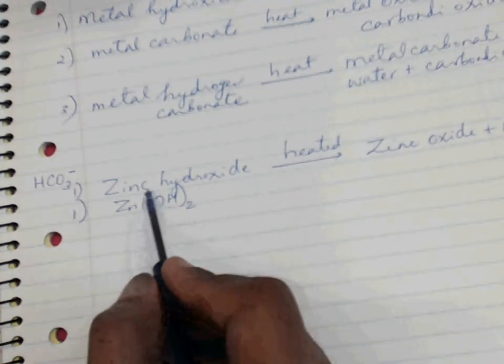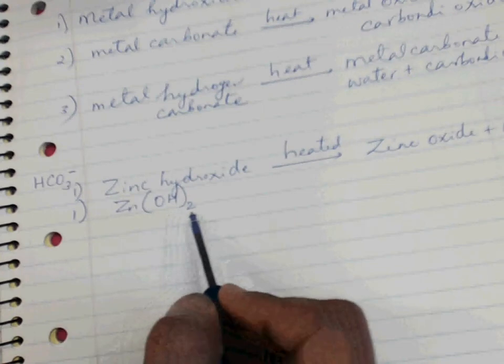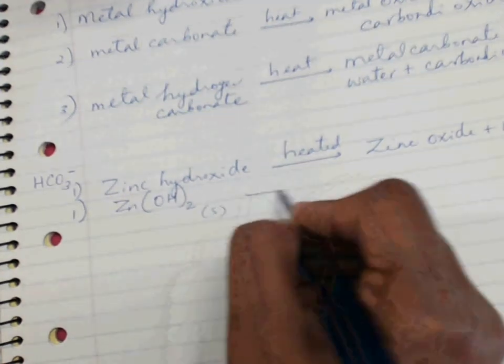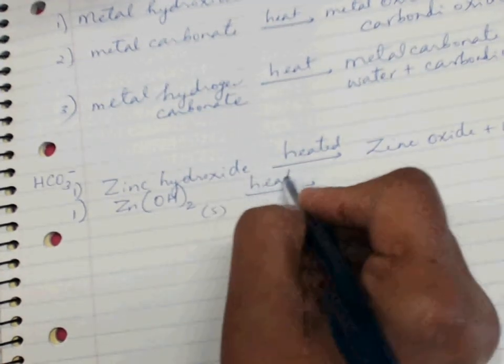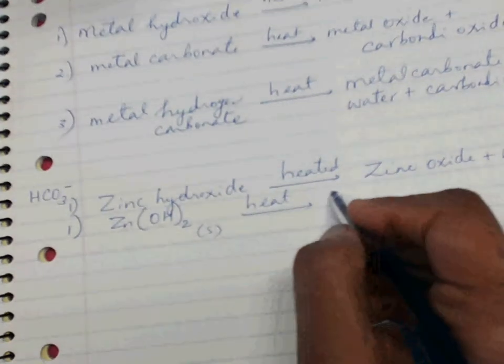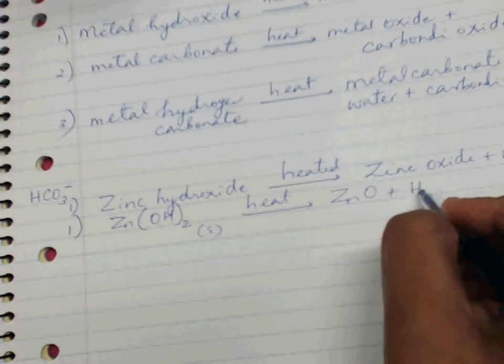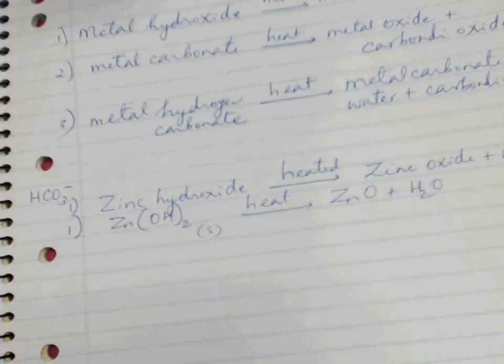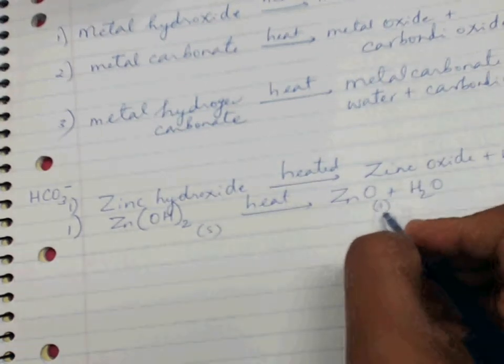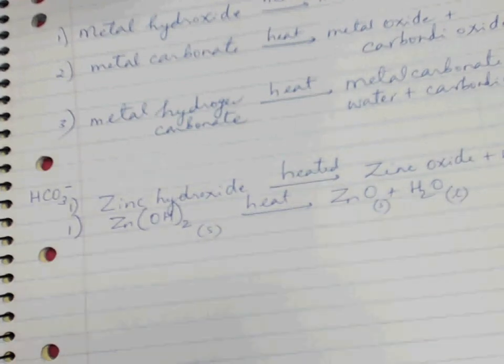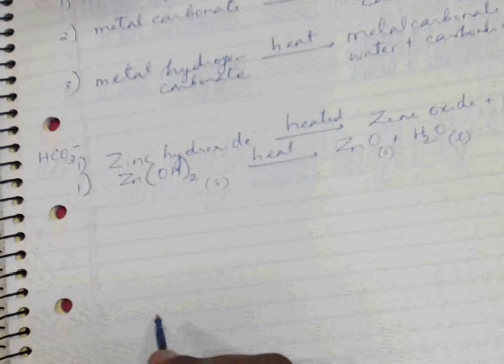So you've got zinc hydroxide, which is Zn(OH)2, which is a solid. And then on heating strongly will give me zinc oxide, which is ZnO, and water. ZnO is a solid and water is a liquid. All right? It's a balanced equation, so we don't need to do anything more.